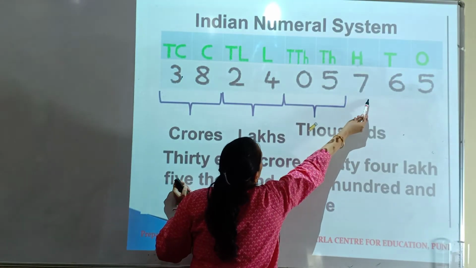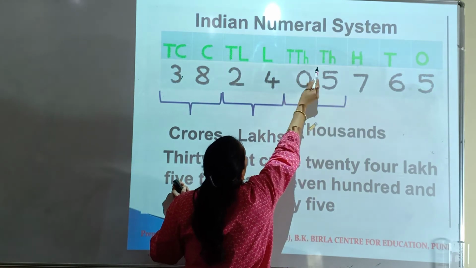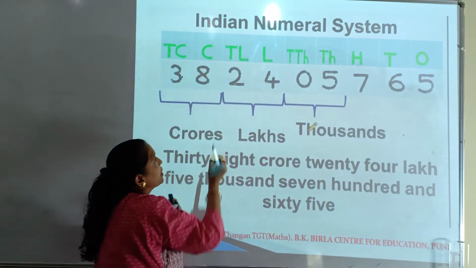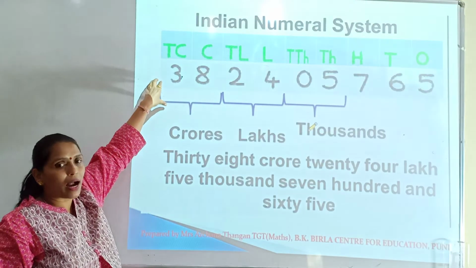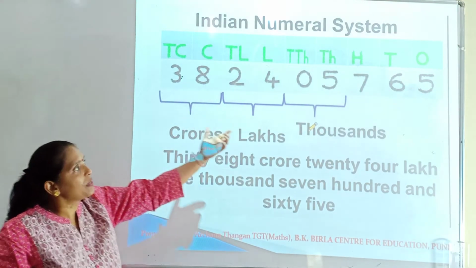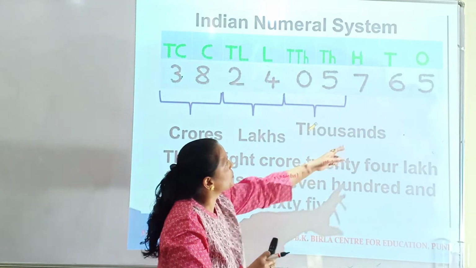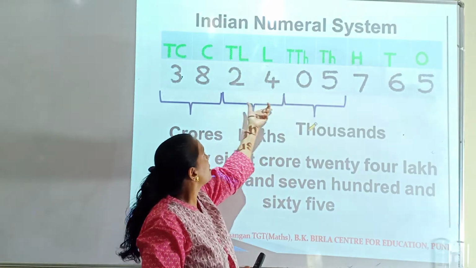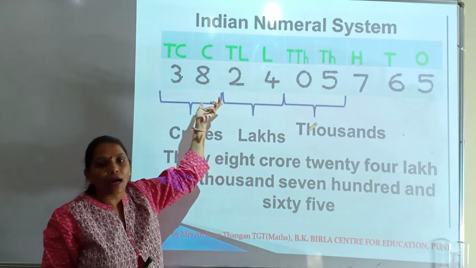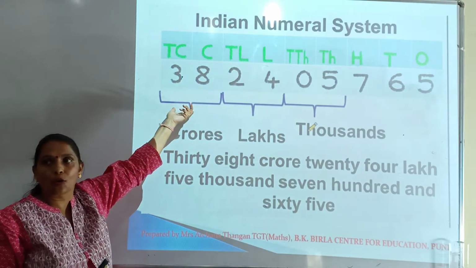This is the first period, the second period, the third and the fourth period. This Indian place value chart is divided into 4 periods. First is the ones period, the second is the 1000 period, the third is the lakh period, and the fourth is the crore period.